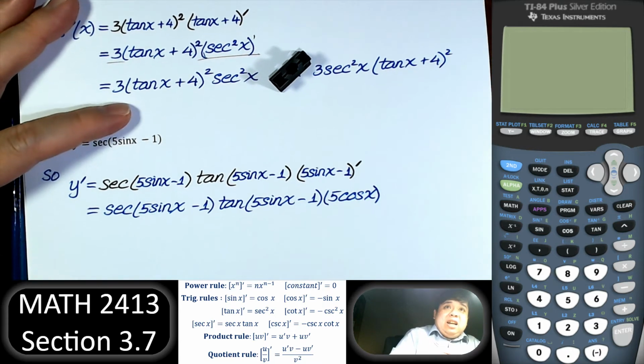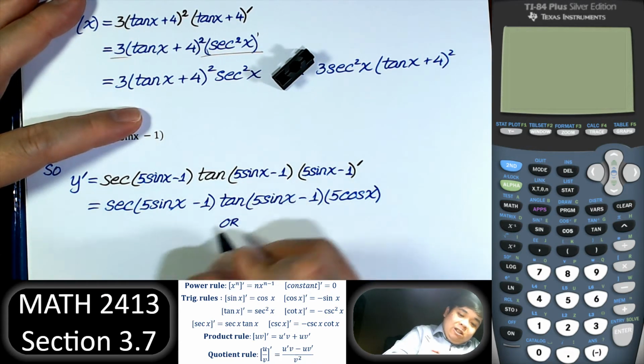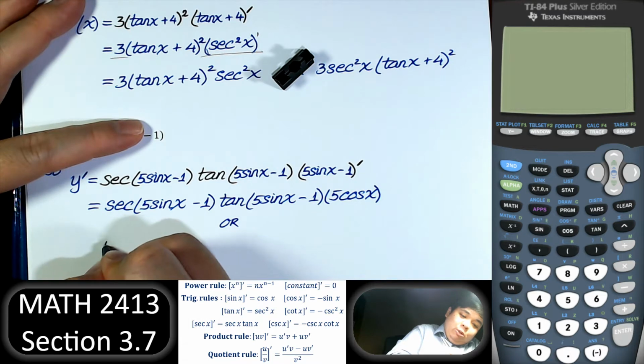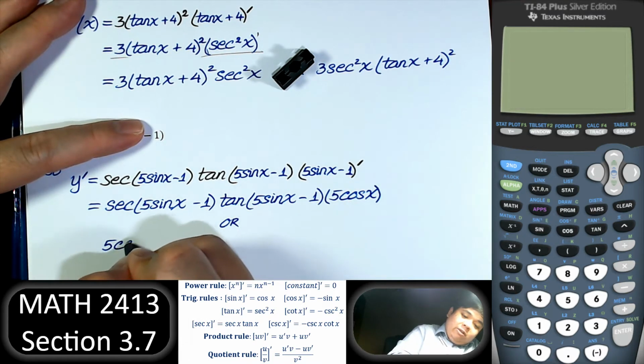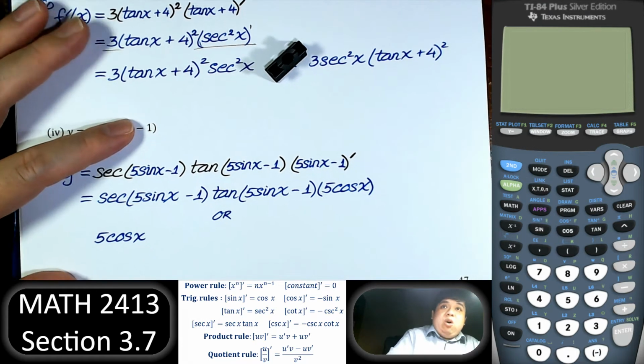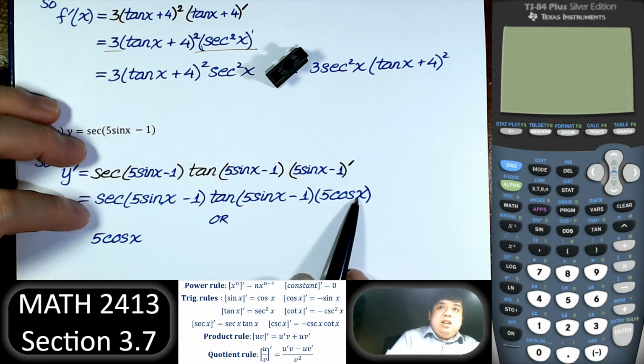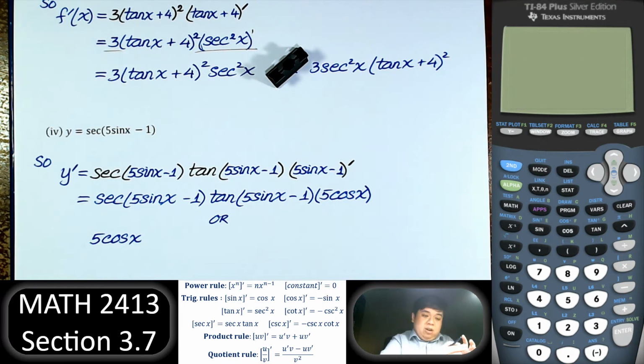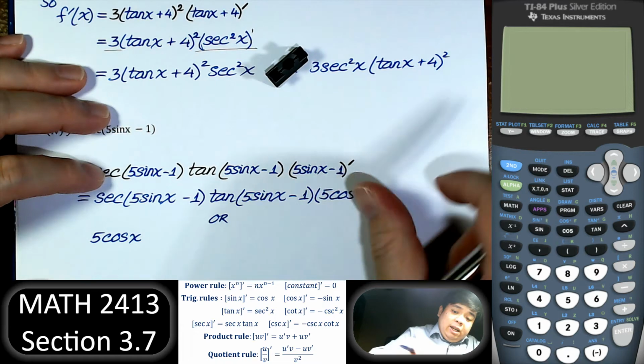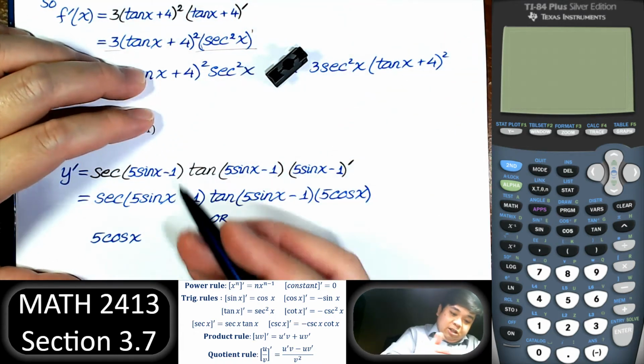Like I said, it's just cosmetic. We put the 5 cosine x in front, and in that case we don't need any parentheses here. The constant, the number, usually stays in front, and then the rest I just copy.